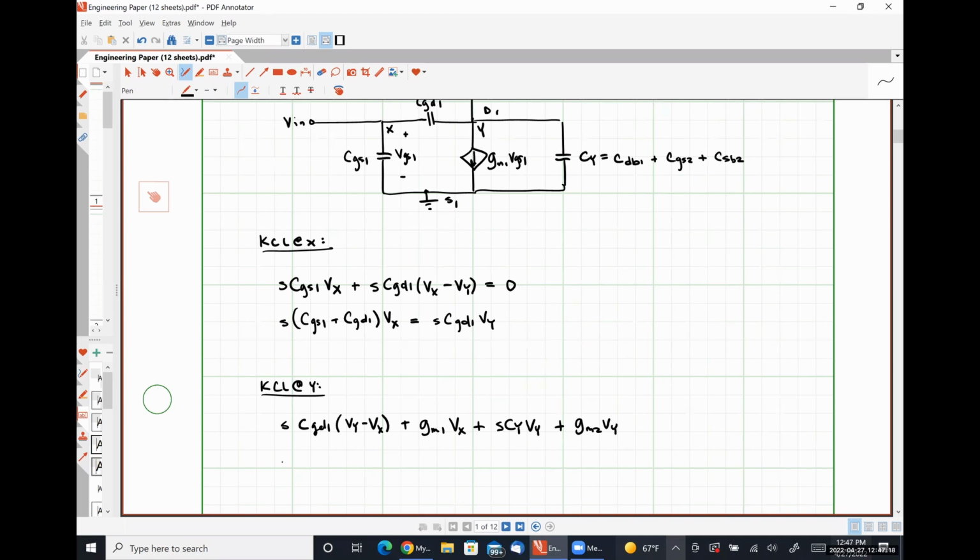So we're going to have S times CGD1 plus CY plus GM2 times Vy is equal to negative GM1 plus S CGD1 times Vx.